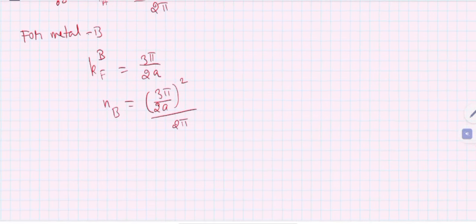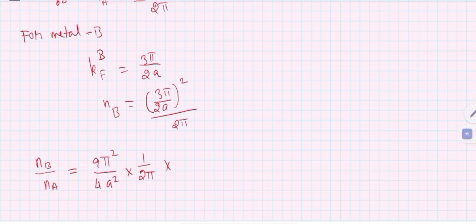So basically now we wanted NB divided by NA. Therefore NB is equal to 9 pi square by 4a square into 1 by 2 pi, and that is for NB.